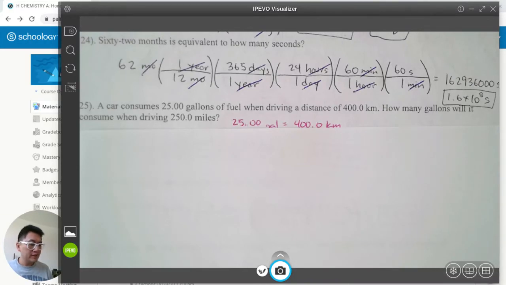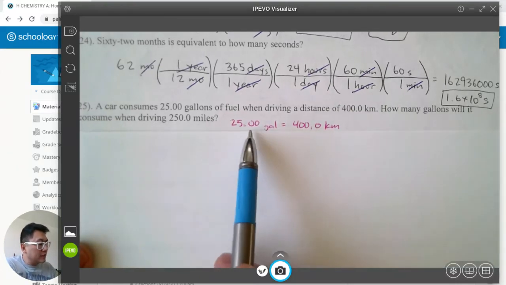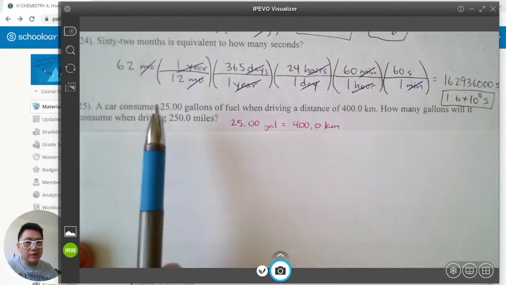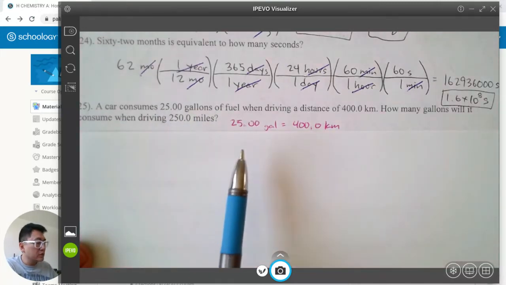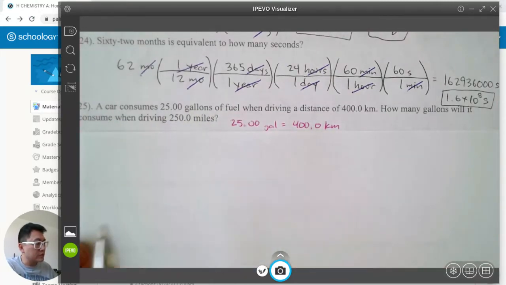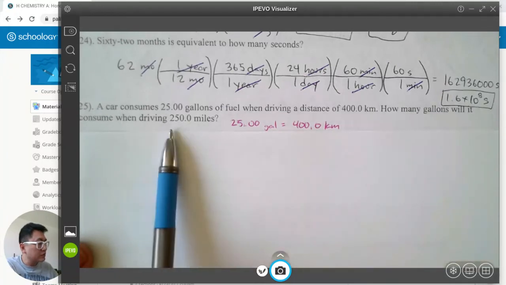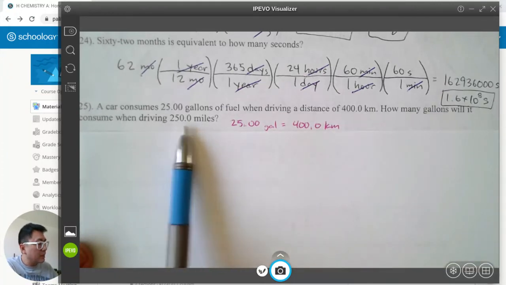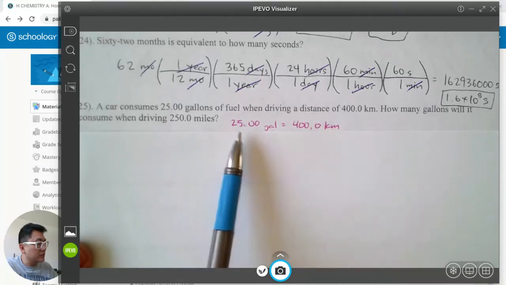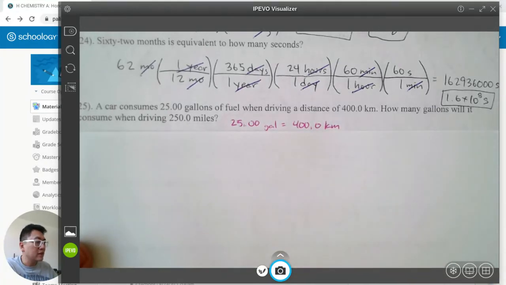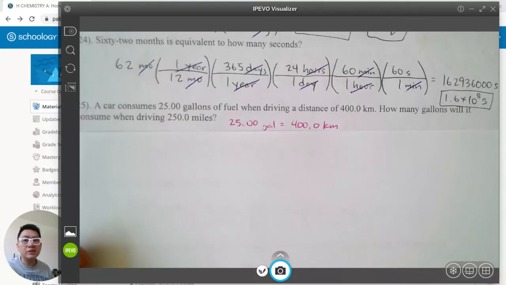So what it's saying is this car, it doesn't say what car it is, doesn't matter. 25 gallons of gas equals 400 kilometers. Question is how many gallons to drive 250 miles? I'm given miles, and I just know kilometers to gallons, but I want to find gallons. So do whatever math you have to do to solve question number 25.